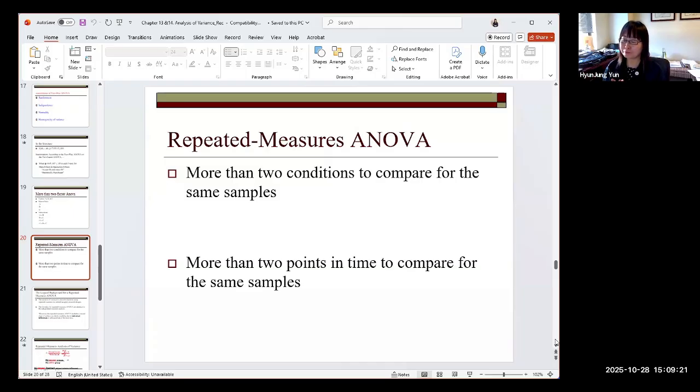So I will stop here, and I'll talk about the rest: how we identify the repeated measures ANOVA test and what kind of theoretical structures they use. Once we cover that on Thursday's class, we're going to run the multi-factor ANOVA test, at least a two-way ANOVA test, as well as the repeated measures ANOVA test.